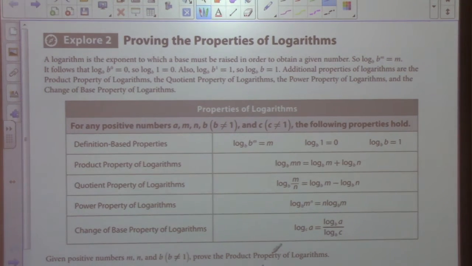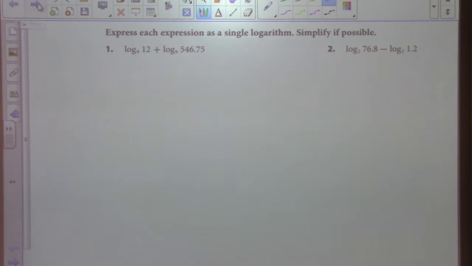What I'm going to do is this first one. We have the sum of two logarithms with the same base. So we can write this as log base 9 of the product of these two arguments, so it's going to be 12 times 546.75.